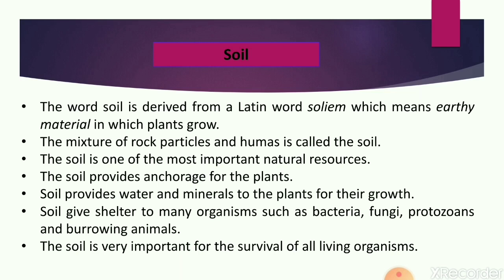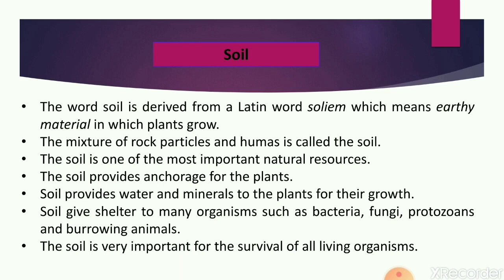As we know, soil is a mixture of so many things, in which gravel, sand, and clay are present. Except that, organic and inorganic substances are present. In organic substances, humus is present, which is darker in color, brownish or blackish.